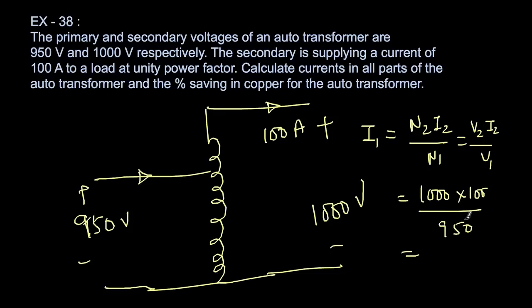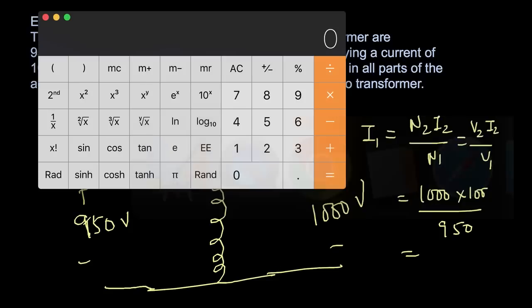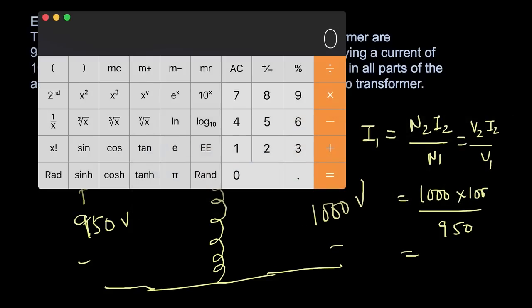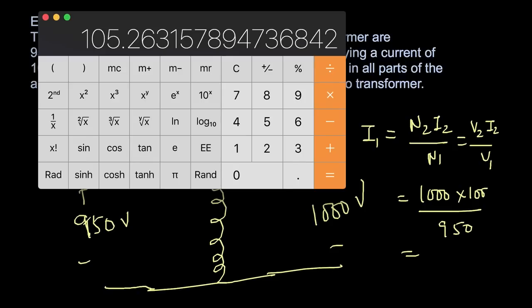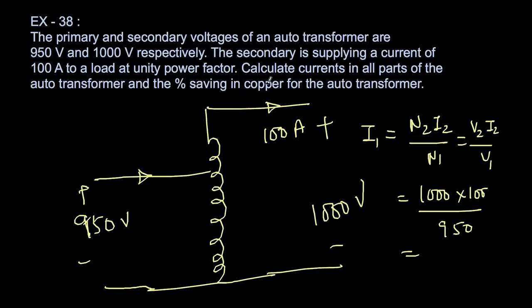Here we require a calculator. So 1000 multiplied by 100 divided by 950. I'm getting 105.26 amperes.